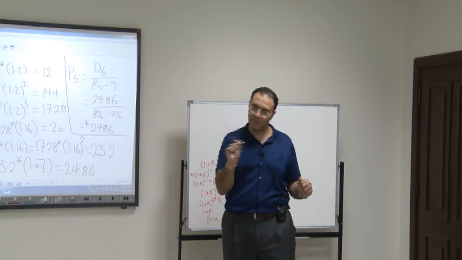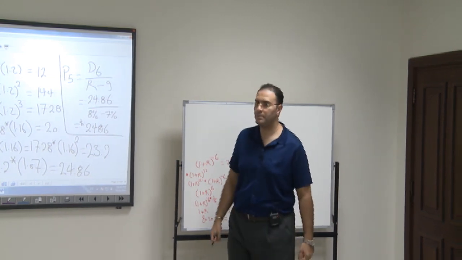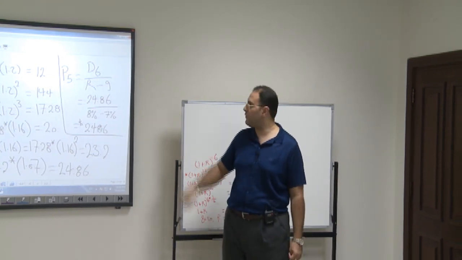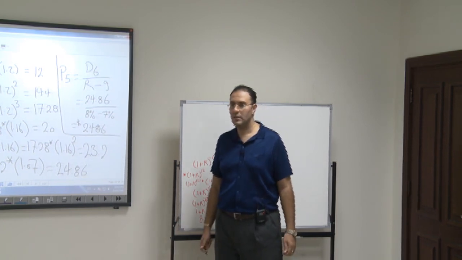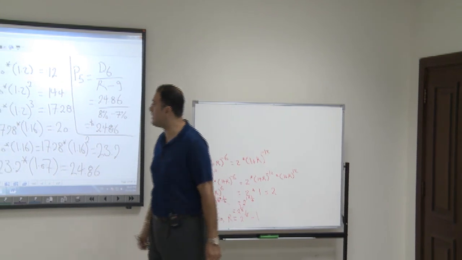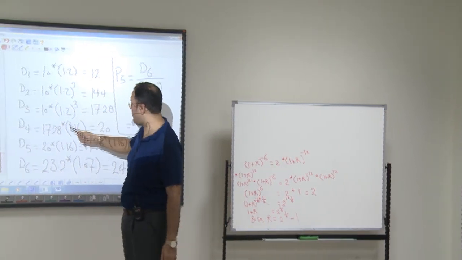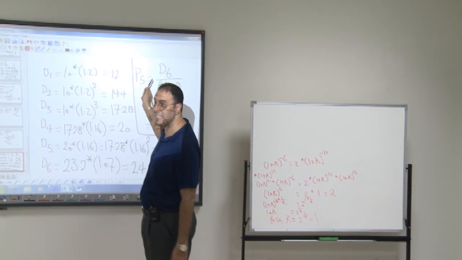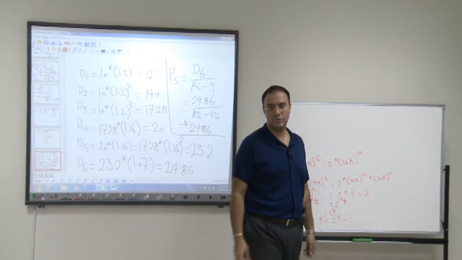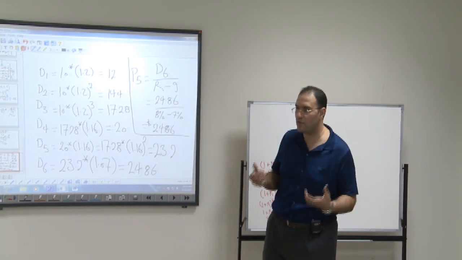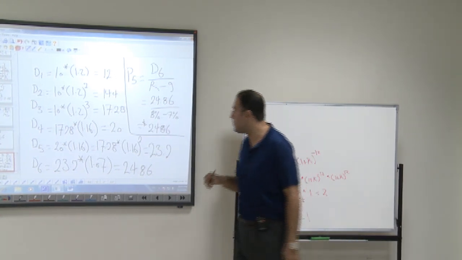So let's go ahead and solve now for P0. How many things do we have to discount? 1, 2, 3, 4, 5, and 6. We have 6 amounts to discount. Let's go ahead and discount them.